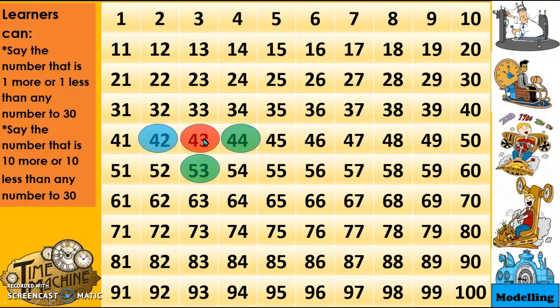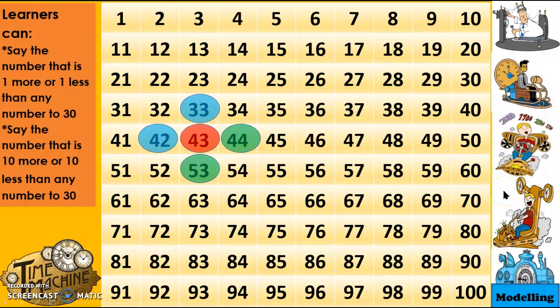What is 10 less than 43? If more is counting on, again, less is counting back. Now let's count. 1, 2, 3, 4, 5, 6, 7, 8, 9, 10. What is 10 less than 43? Good, it's 33.